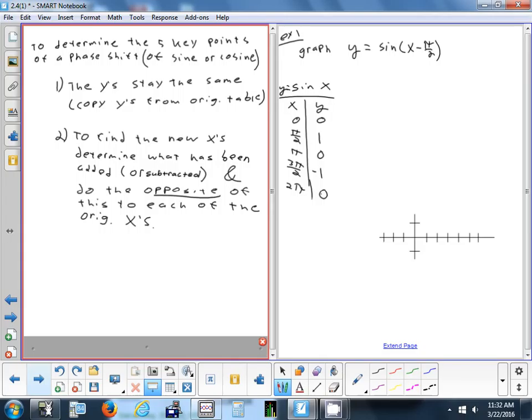Right, so our first problem says to graph y equals sine of (x minus pi over 2). If at this point I knew about every transformation, the first thing I'd have to do is figure out what this is. If there's 4 choices, in this case it's a phase shift.